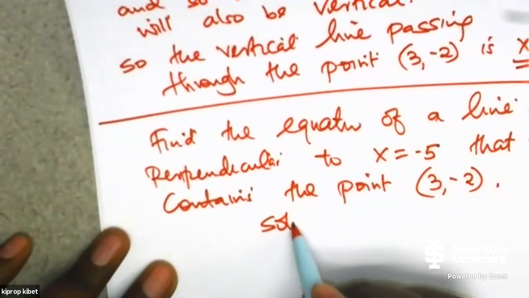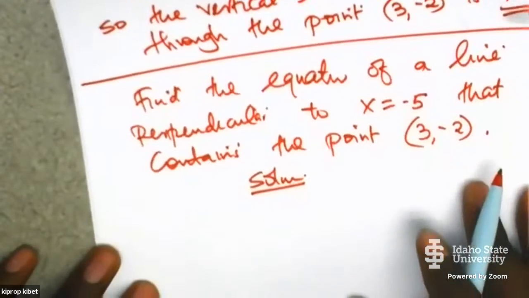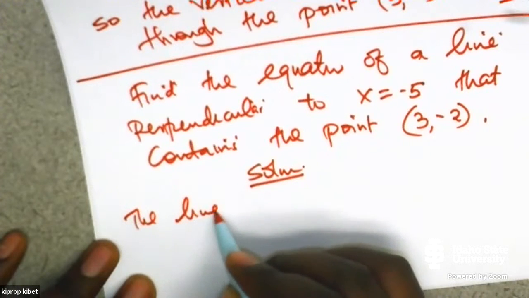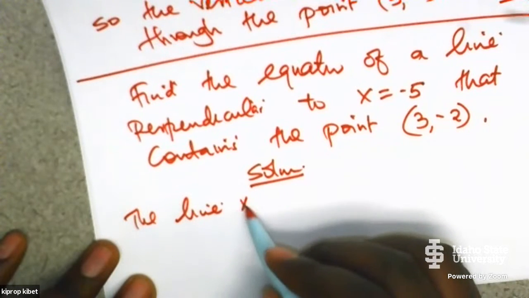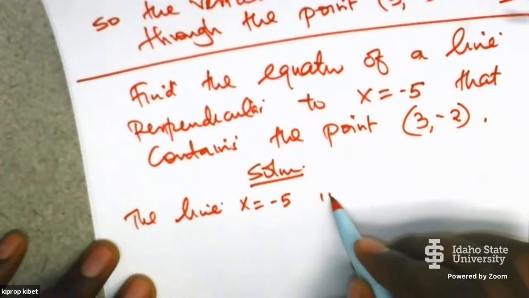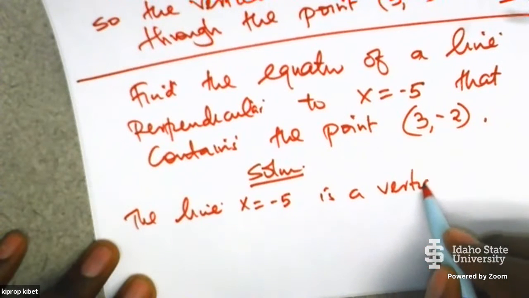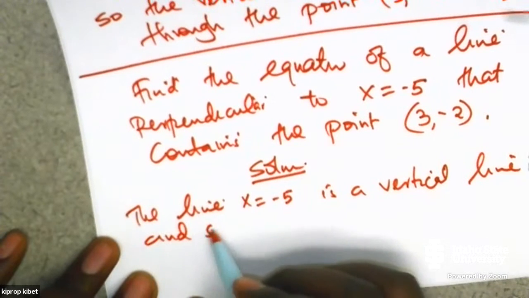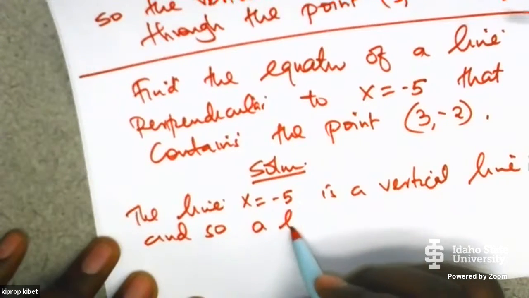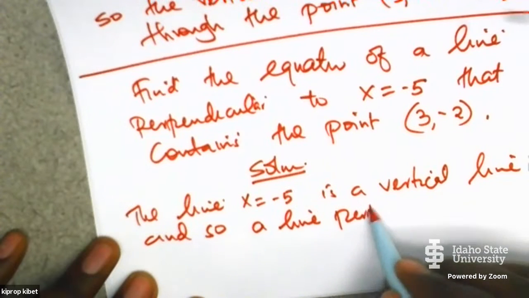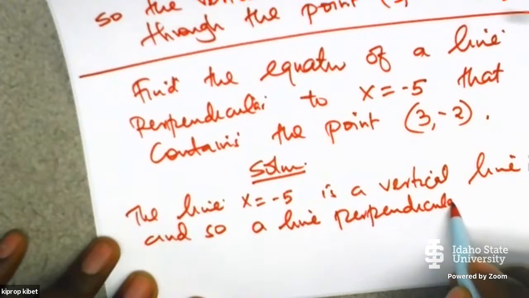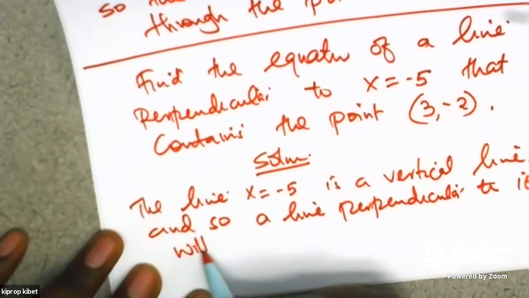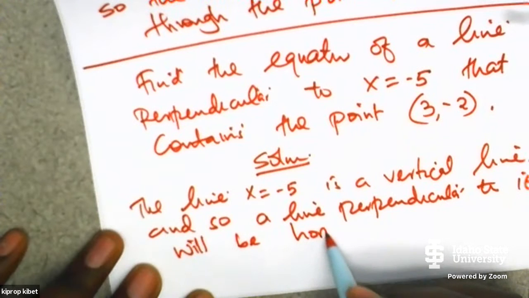So solution. The line x equals minus 5 is a vertical line, and so a line perpendicular to it will be horizontal.